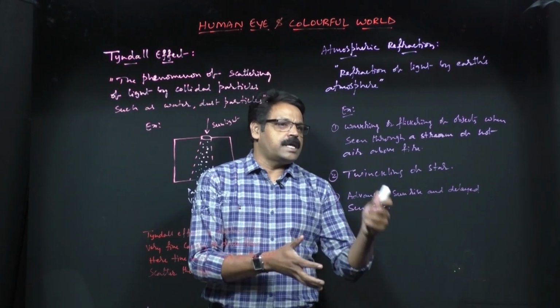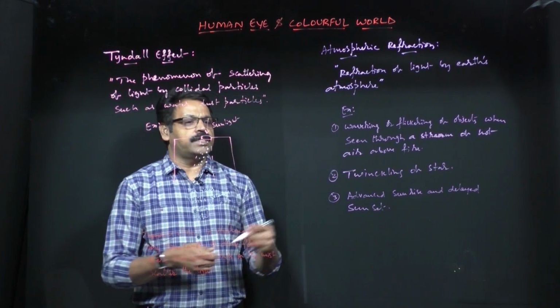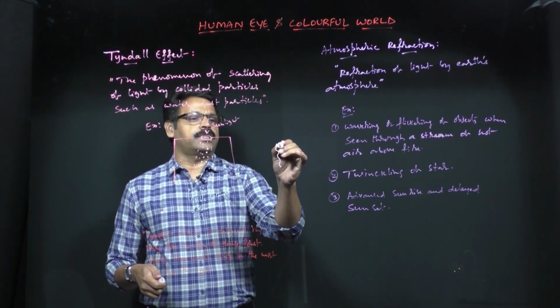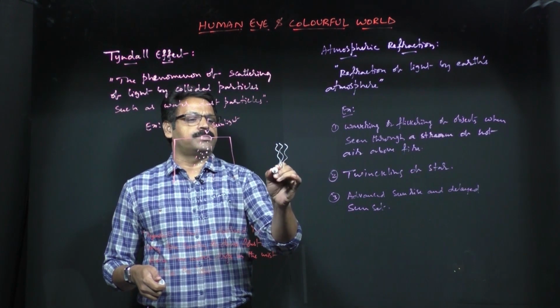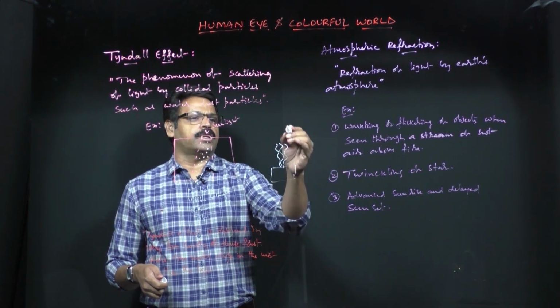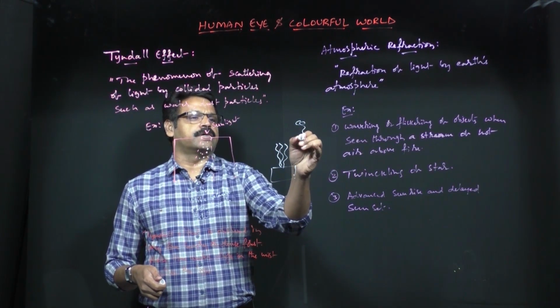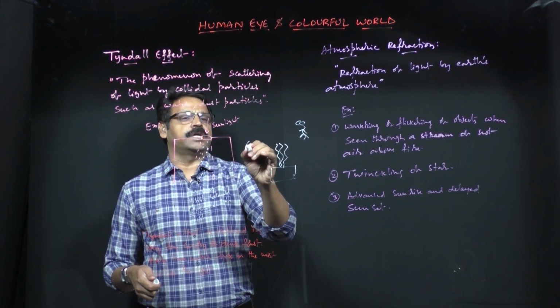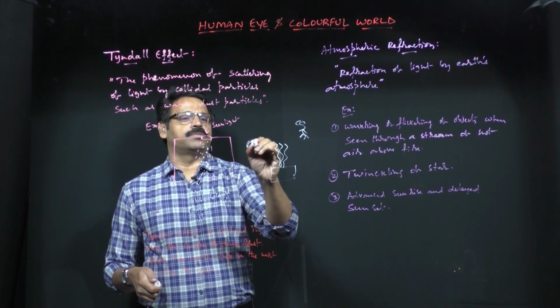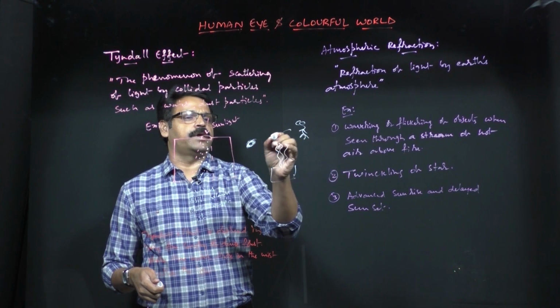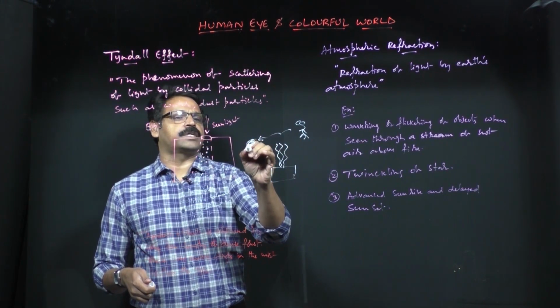Here, an example we can see is a flame. If you are observing any object through the flame, you cannot see this object as stable.